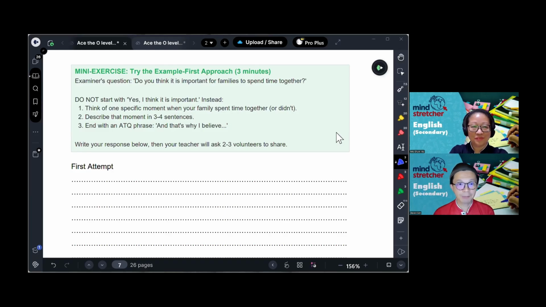And you don't have time to think because this is spoken interaction. So you need to start typing now, immediately, or start answering immediately. No time to think, no time to plan. Spontaneous.